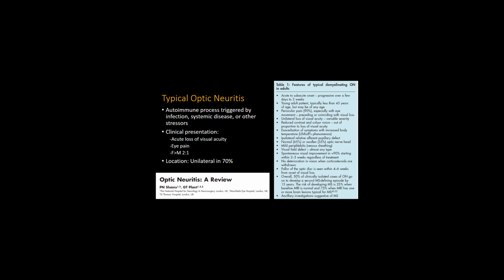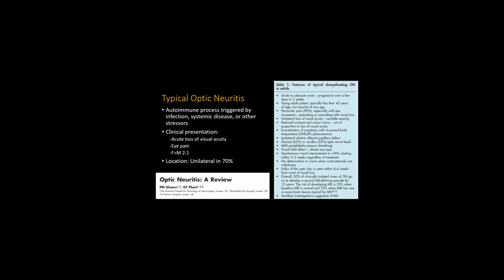The other thing that Dr. Saylor alluded to was the Optic Neuritis Treatment Trial, where almost 50% of clinically isolated cases of ON go on to develop a second MS-defining episode by 15 years. The risk of developing MS is 25% if the baseline MR is normal, and it's higher when the baseline MR has one or more brain lesions typical for MS.